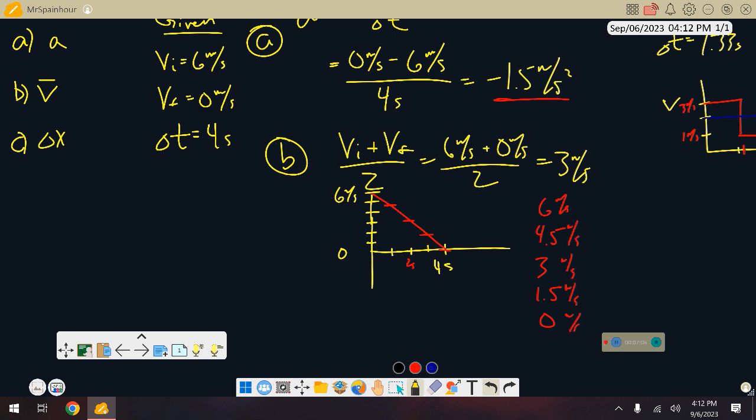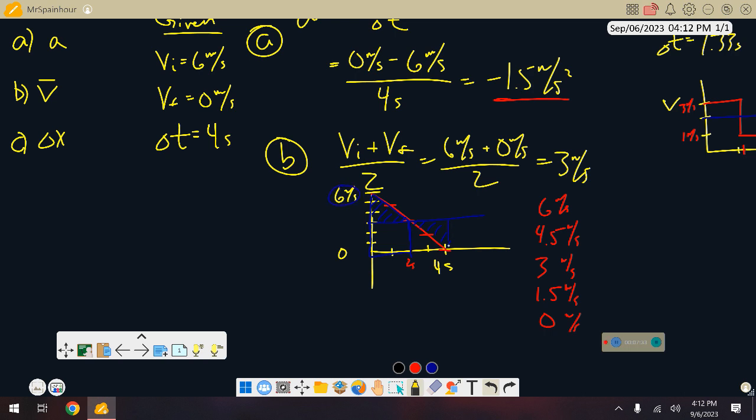Okay, now if you look here at my average of 3 in there, here's what you will notice. An even amount of time is spent below as above over here. So what that means is that I will cover more distance over in this section because I'm going faster than the average.